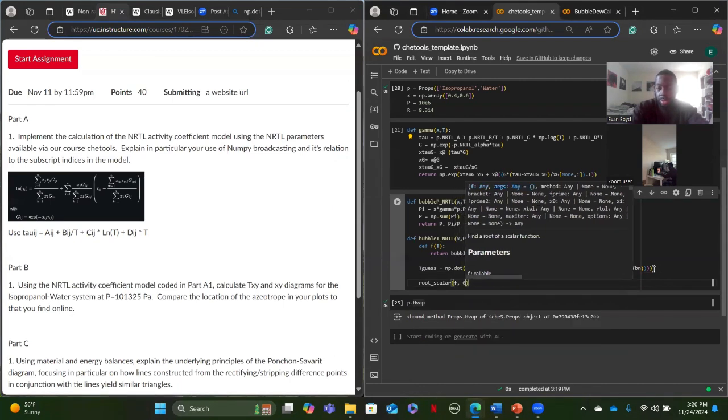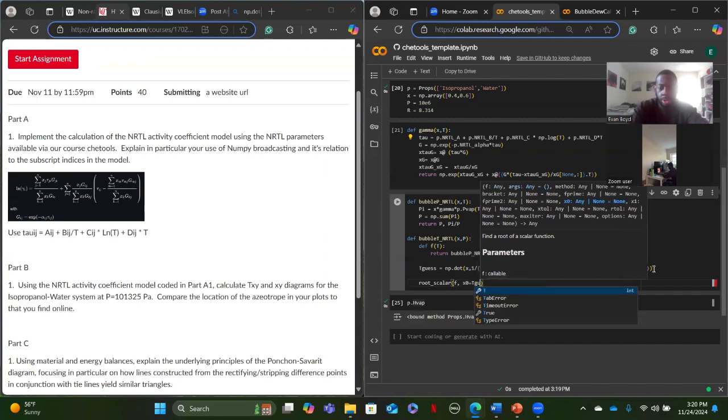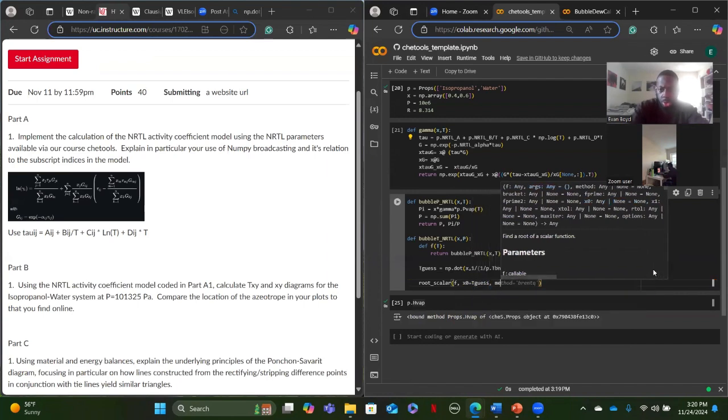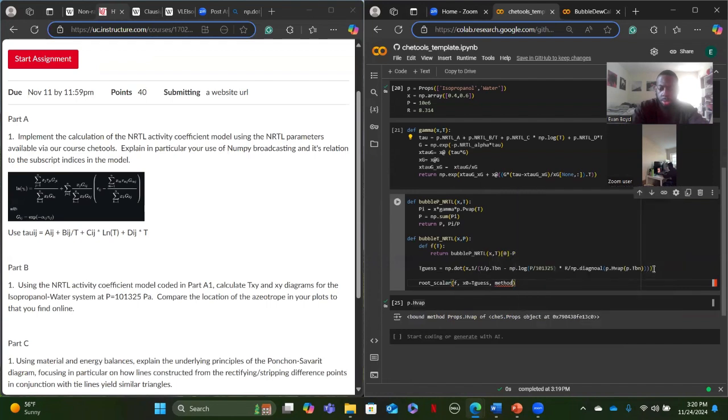Then we have our guess, so our initial guess will be equal to our T guess that we just found. And the method we'll use is something called secant. Okay. Shift enter. And then we will put this into res.